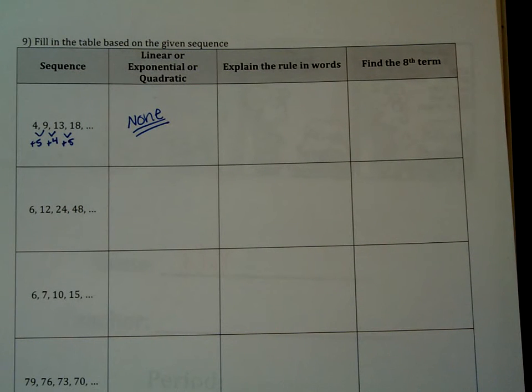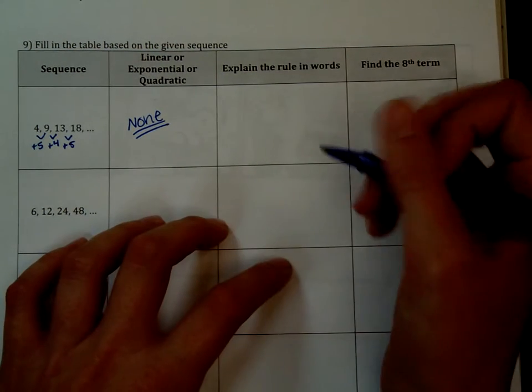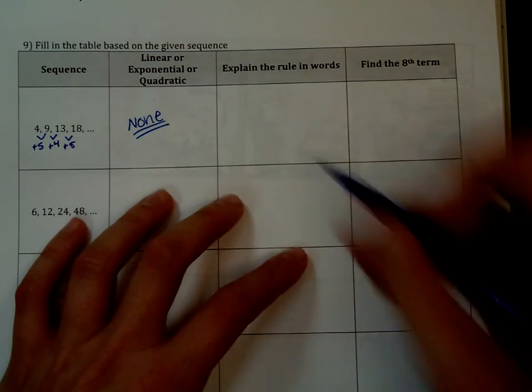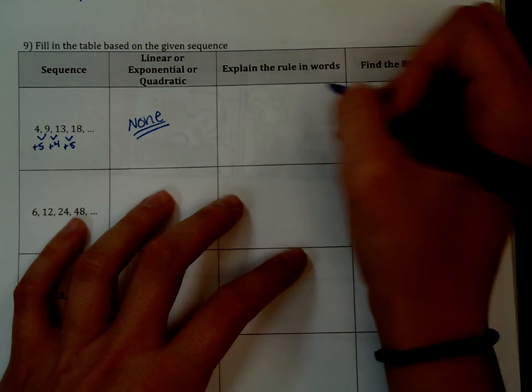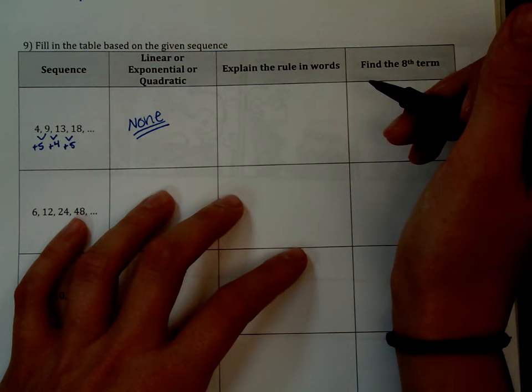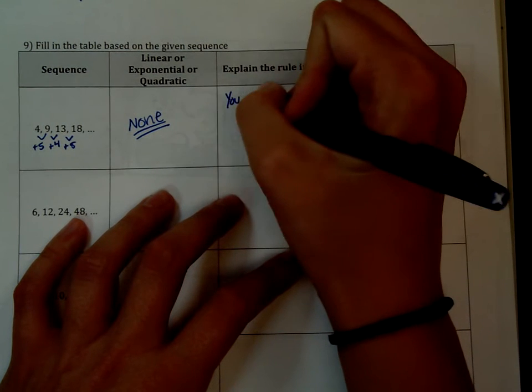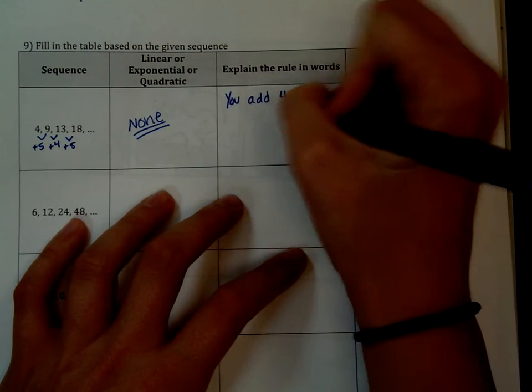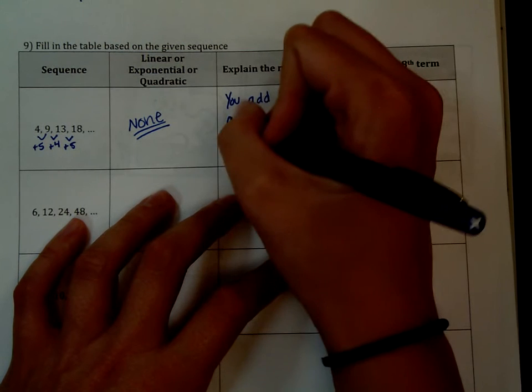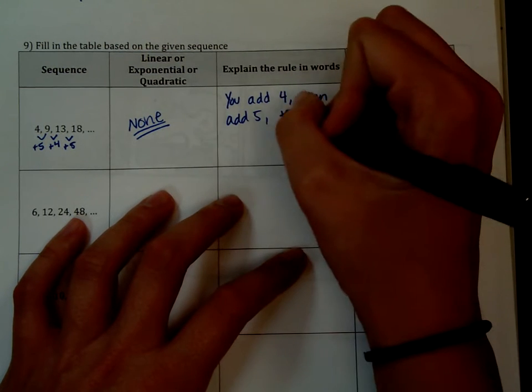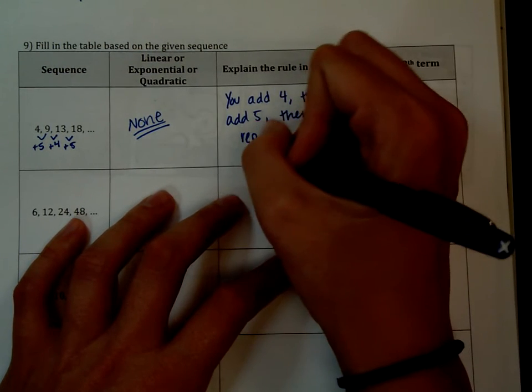So it's not linear, it's not exponential, and it's not quadratic. So to explain the rule in words, we would do, let's see, you add 4, then add 5, then repeat.